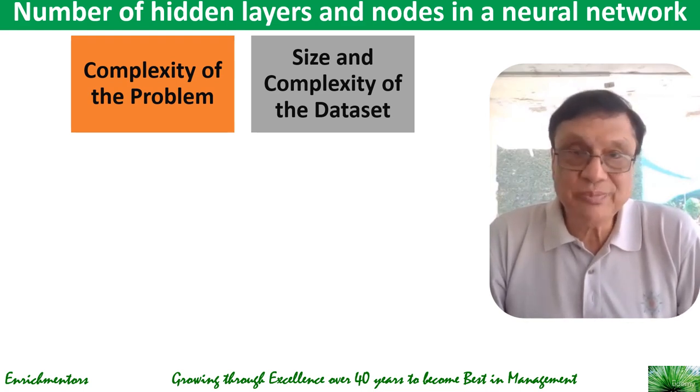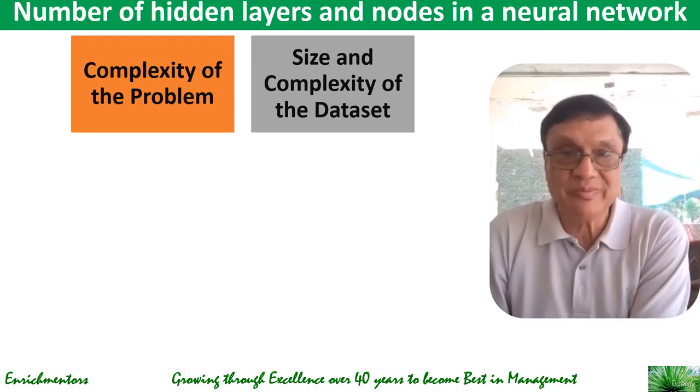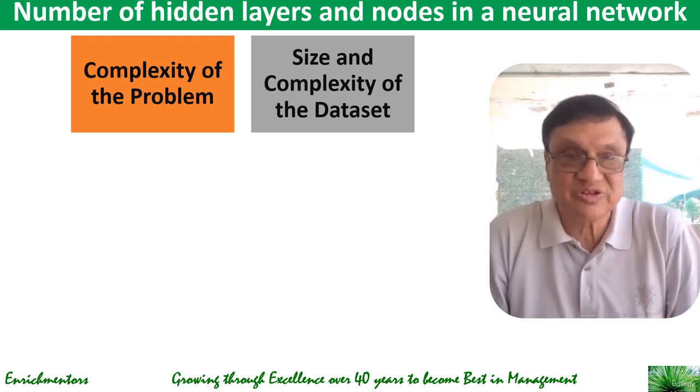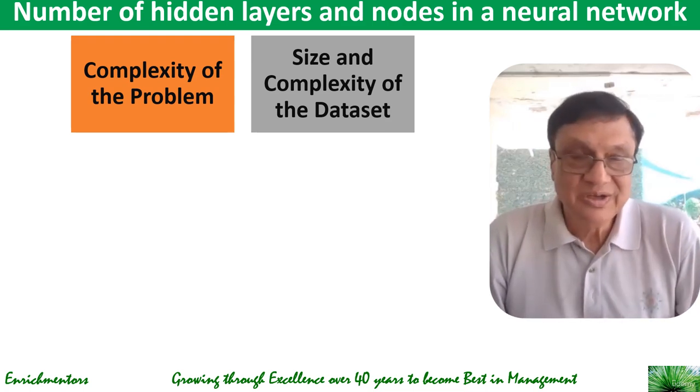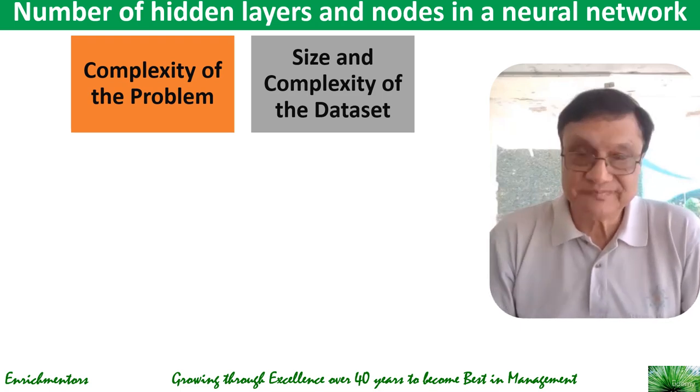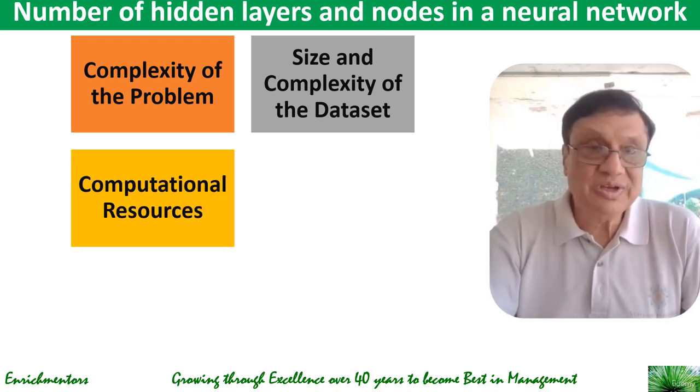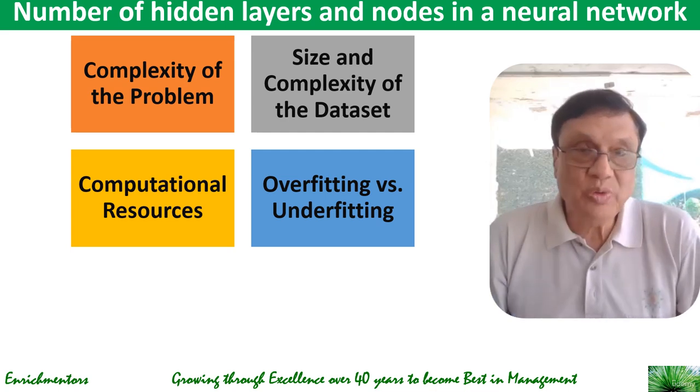The third is the computational resources. Deeper architectures with more hidden layers require more computational resources in terms of memory and processing power for training and inference, right? The fourth one is overfitting versus underfitting.